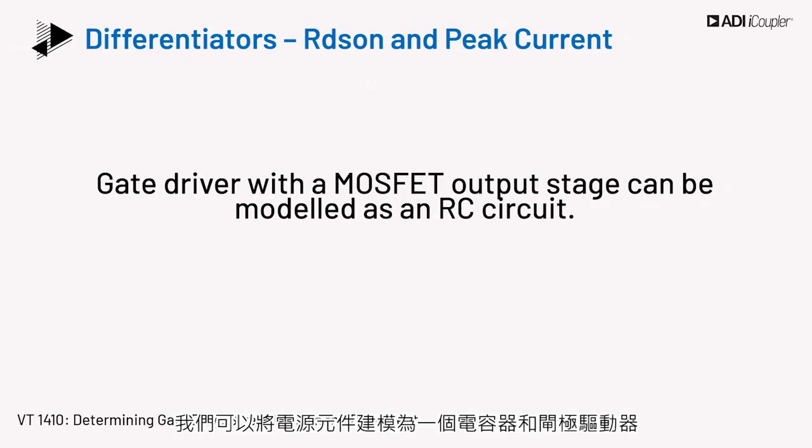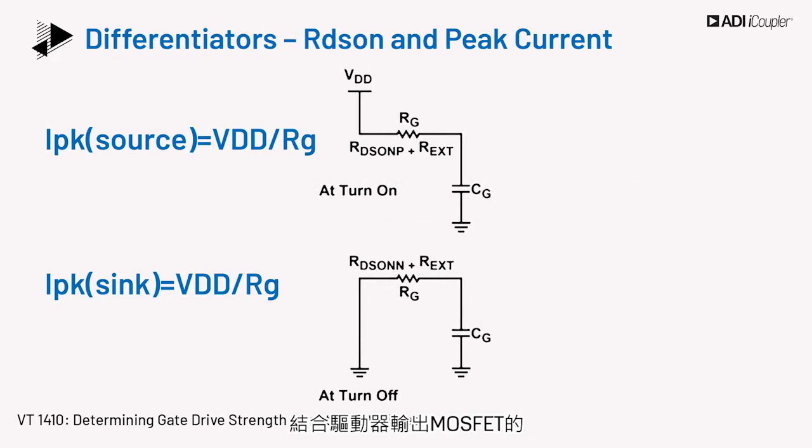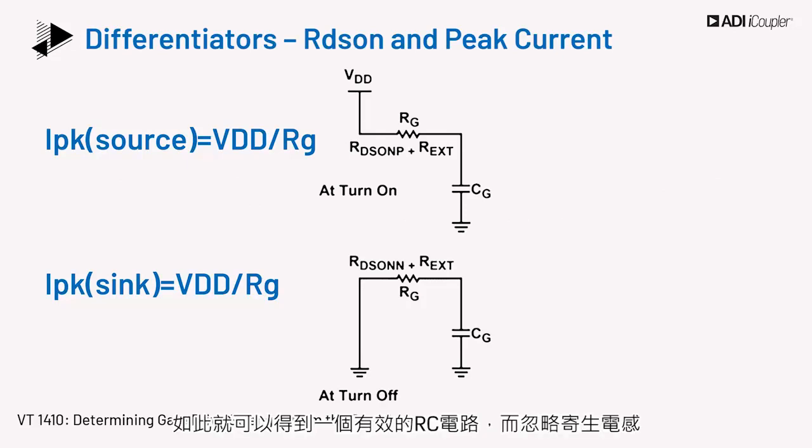We can model the power device as a capacitor and a gate driver with a MOSFET output stage as a resistor. Combining the on resistance of the output MOSFET of the driver and the external gate resistor with the gate capacitor, we effectively obtain just an RC circuit while ignoring the parasitic inductances.